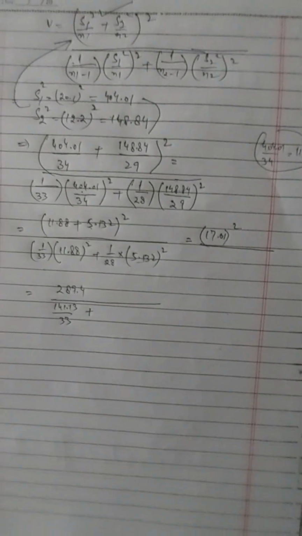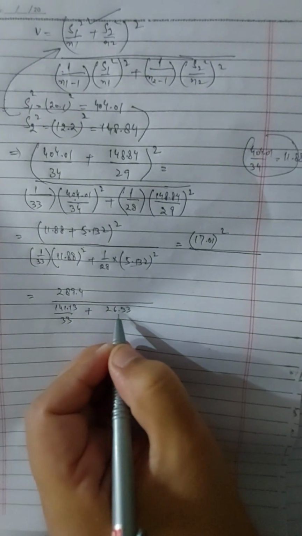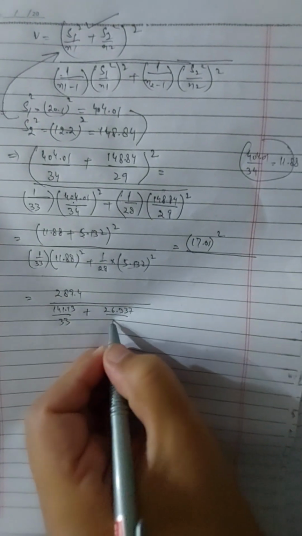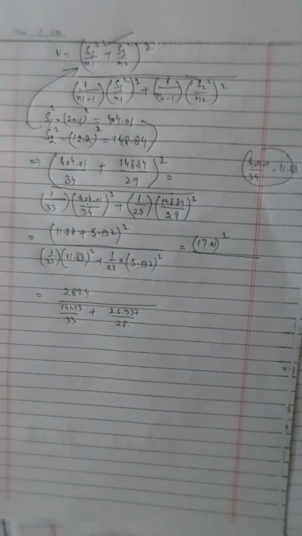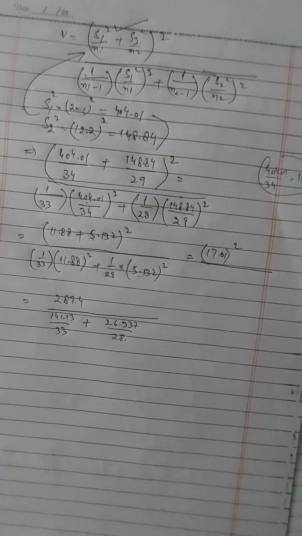The square gives us a value of 26.337 divided by 28. So let's divide it by 28 to get the final value.